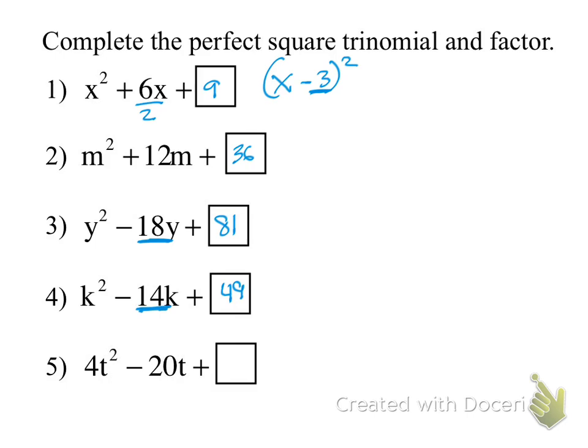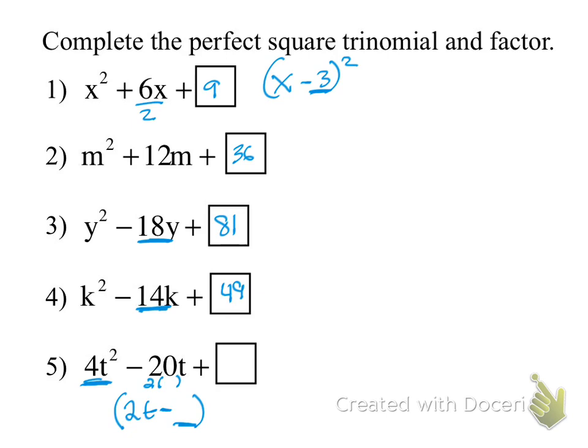Let's first try and figure this out together. What's the root of this? 2t. Now, whatever goes here, we know it's going to have to be a minus. Whatever goes there has to be, remember, 2 times something equals 20.